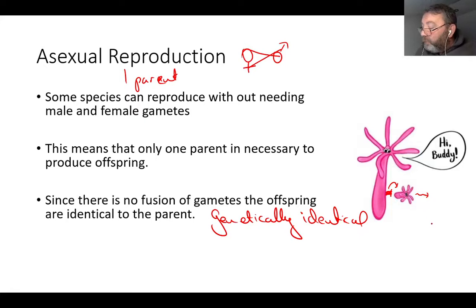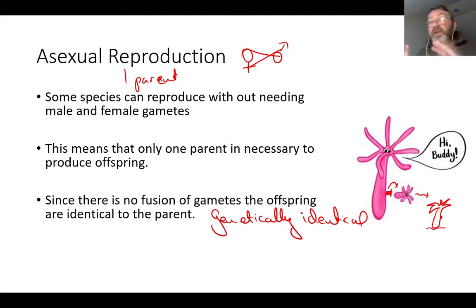And then it falls on the ground, it roots on the ground like that, and then it begins to grow and form its own little fingers like that. See? And then eventually the same thing will happen again, where that'll bud and that'll fall off. So what you're doing is you're simply taking pieces of the parent and causing those pieces to grow again into a new organism with exactly the same genetic code as the original parent.